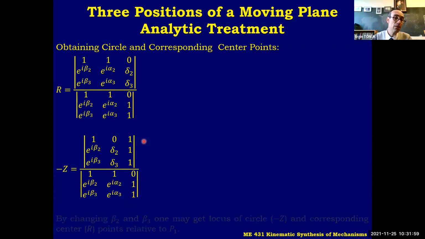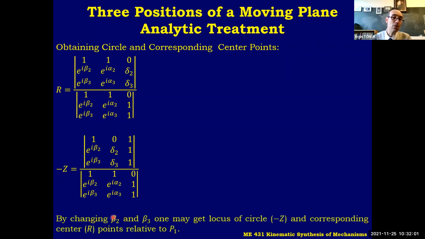And what you can do is you can change beta 2 and beta 3 in, if you like, a double nested loop and obtain negative Z's, which are loci of candidate A's, and R's, the corresponding A0s.